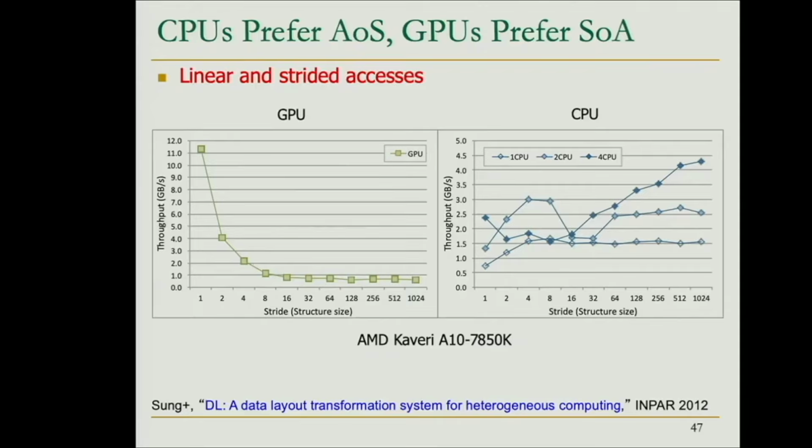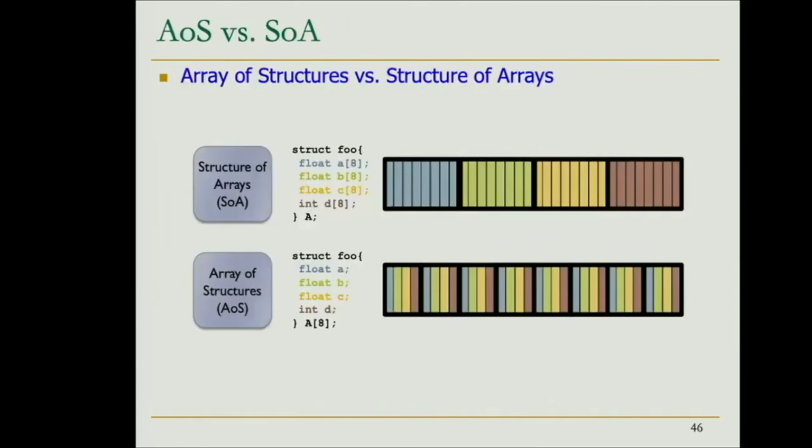However, if you compare that to a CPU, it's kind of different. In the CPU, it looks not so irregular there, but you see that in general, CPUs are fine with having larger structures. And why is that? Because in CPUs, you typically have one single thread or maybe 2 threads or something like that.